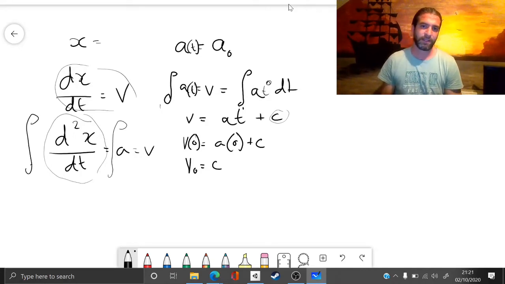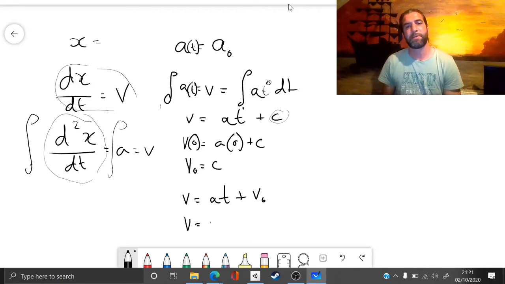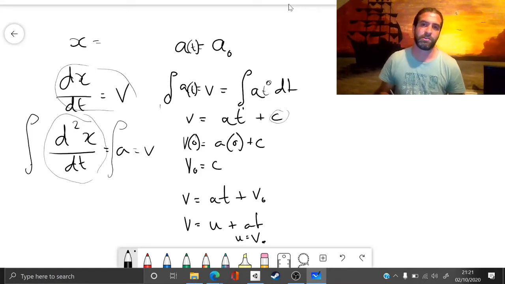So we can rewrite this whole equation as velocity is equal to acceleration times time plus v naught. And you might see this in books nowadays as v is equal to u plus at, where u is equal to v naught, your initial velocity.